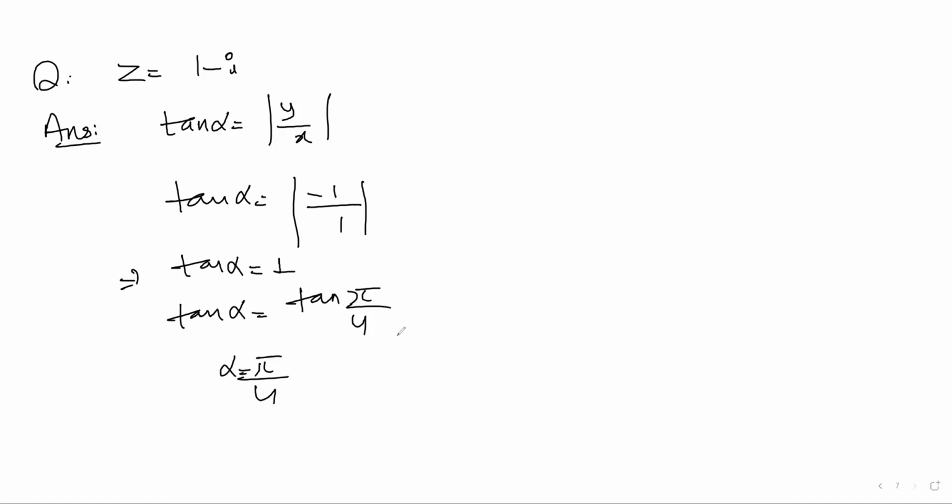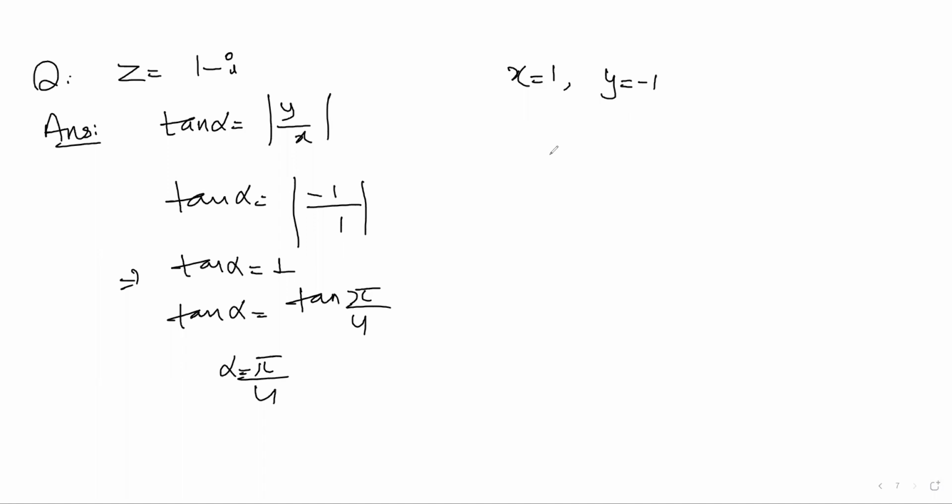Ikhra, this line lies in which quadrant? First quadrant? No. X is 1, y is minus 1. In which quadrant? Third quadrant? No, not in third. Second quadrant? No, not in second.